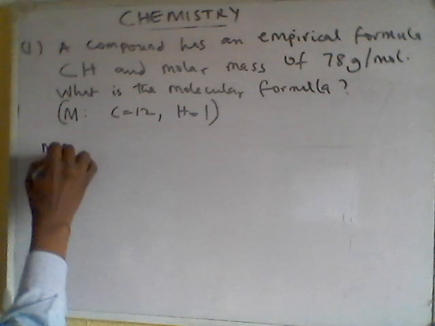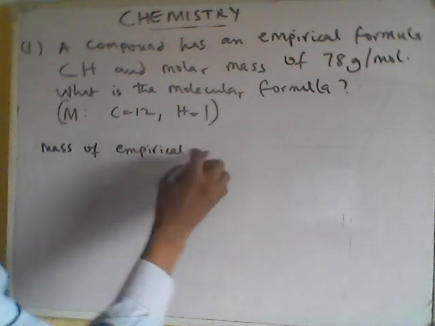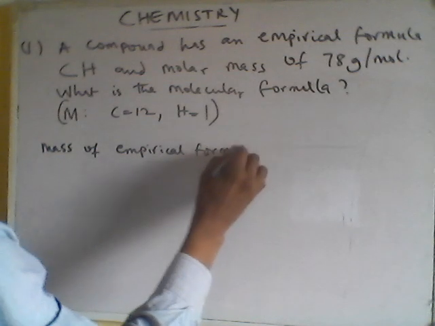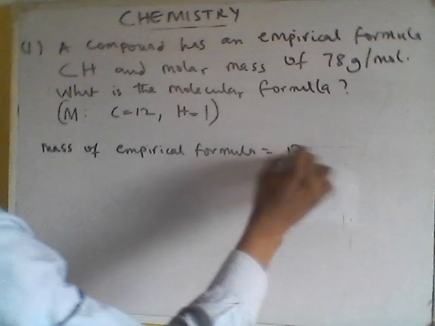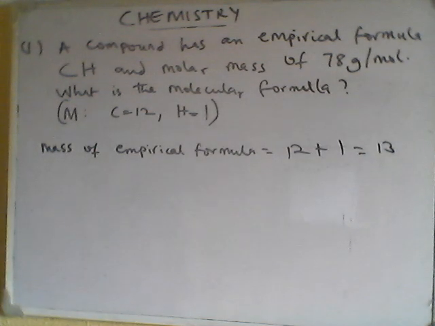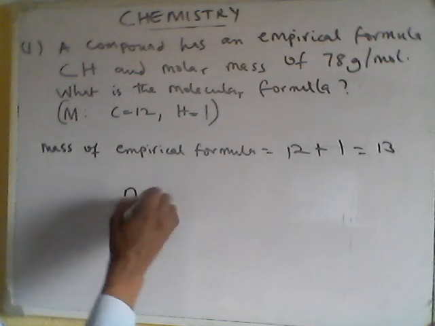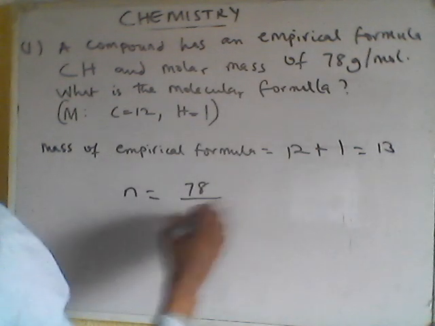So mass of empirical formula is equal to, adding the individual molar masses, 12 plus 1 is equal to 13. Now, having gotten the mass of the empirical formula, I will find the number of moles of that empirical formula. n is equal to 78, the mass in gram per mole, over this 13.